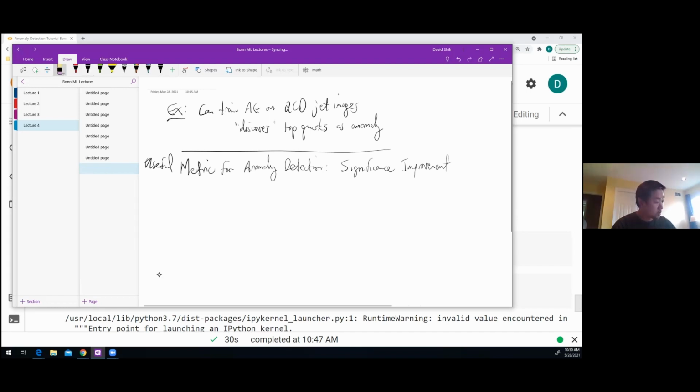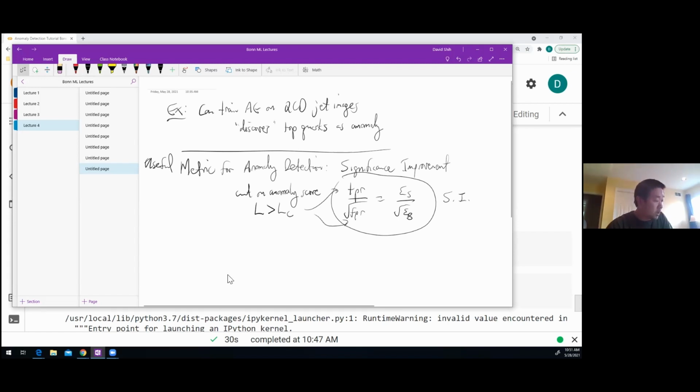So let's say I have an anomaly score, something which tells me whether I have an anomaly or not, and I do a cut on it. That defines for me a true positive rate and a false positive rate. Maybe you're more used to thinking of it as a signal efficiency and a background efficiency. Okay, so that's the significance improvement.